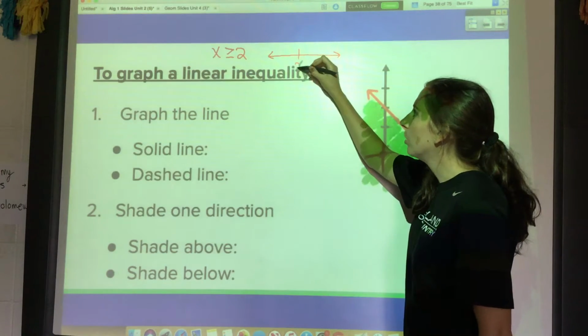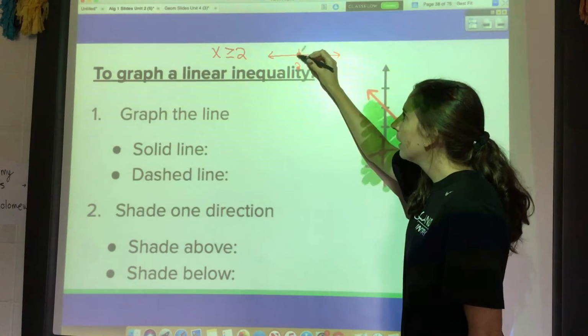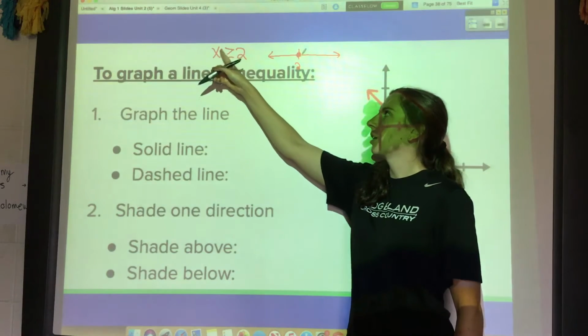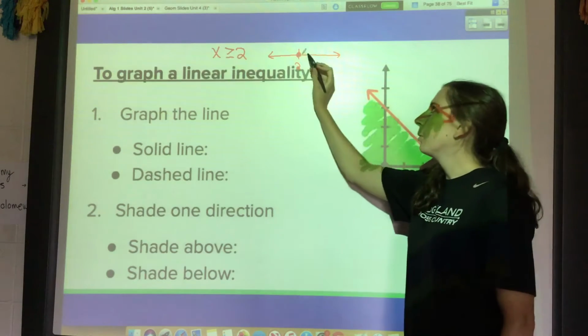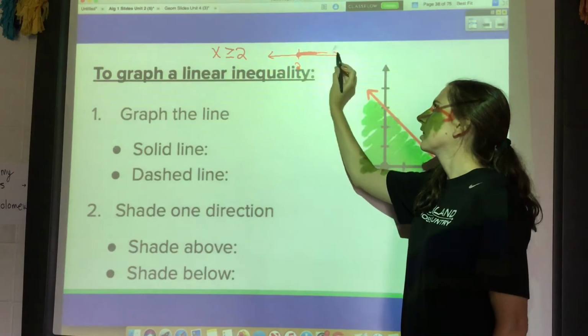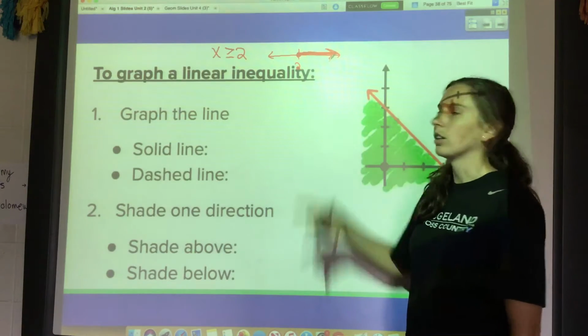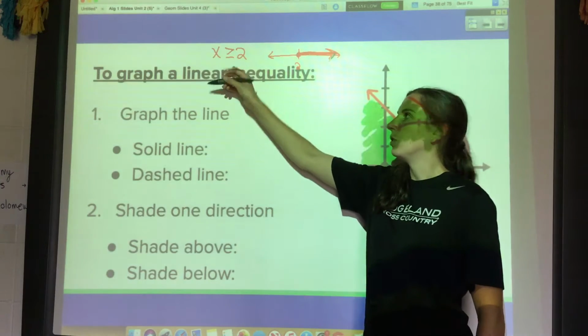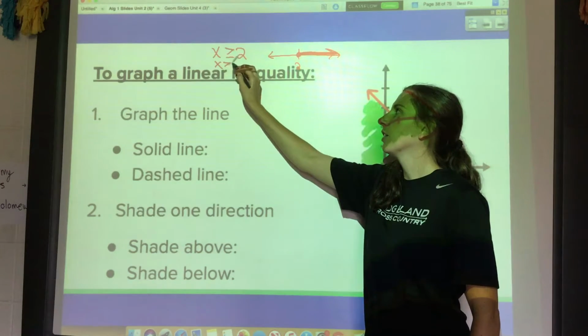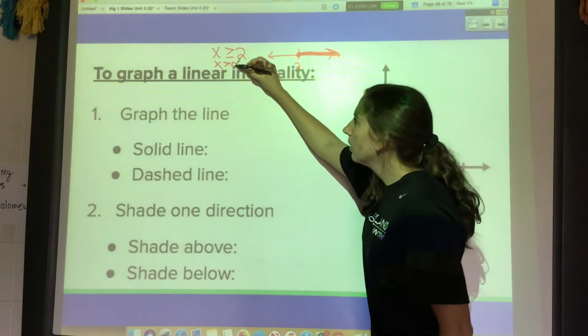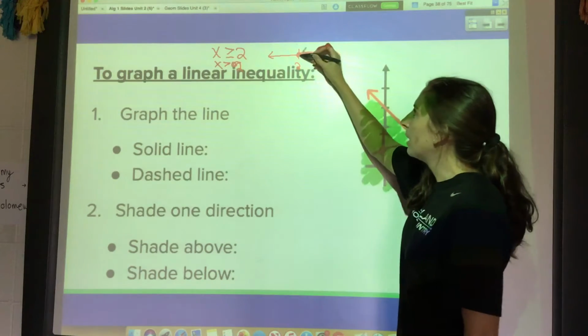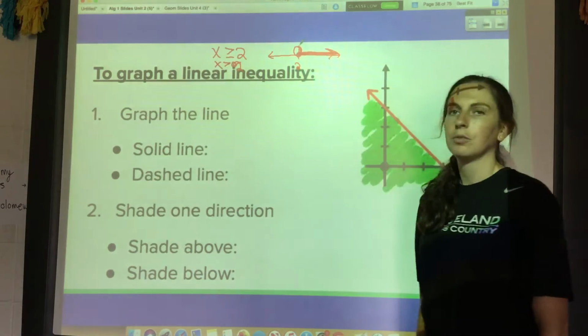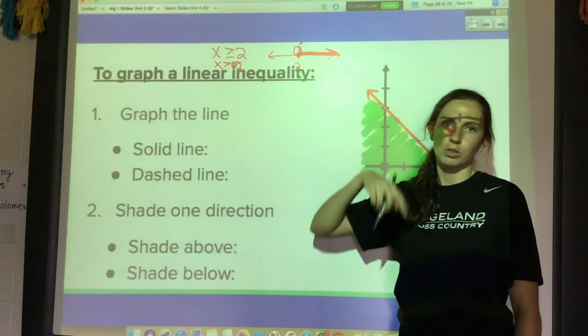And then since it's things that are bigger than 2, we would shade things that are to the right. If it had just been x is greater than 2, not equal to 2, then it would be an open circle because it didn't quite equal 2, it was just right up close to it.